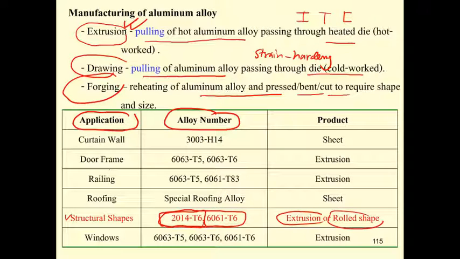There are also others that may be used for door frames, the curtain wall that I just mentioned and showed you in the picture, or windows. That is for non-structural application.